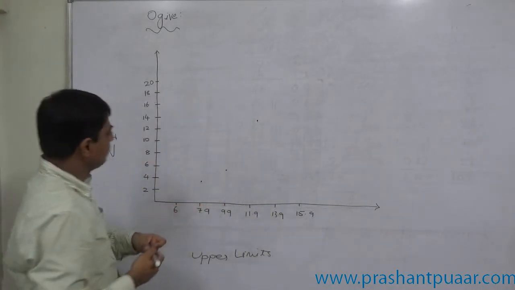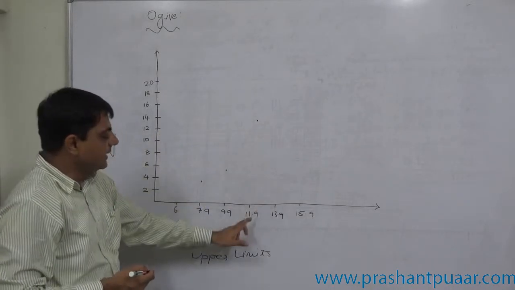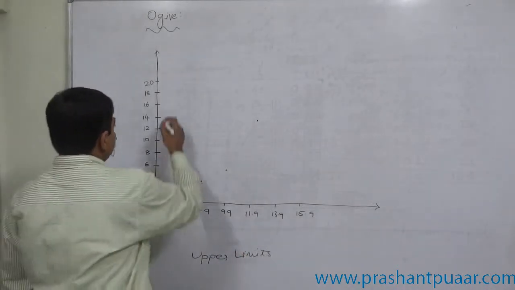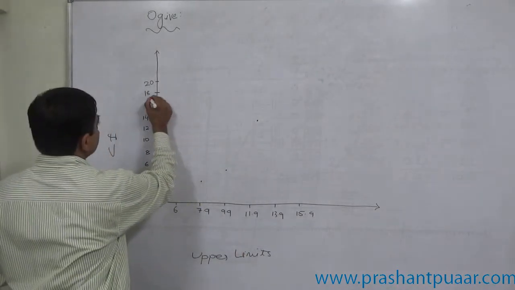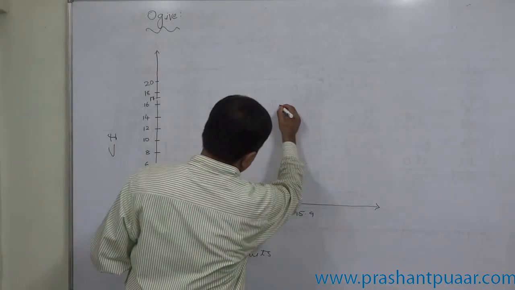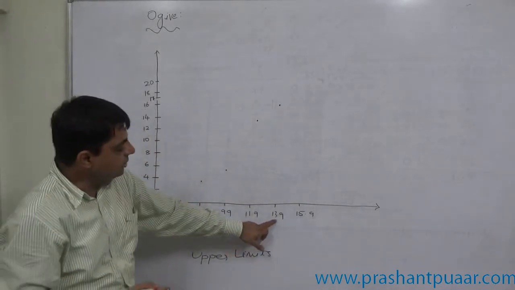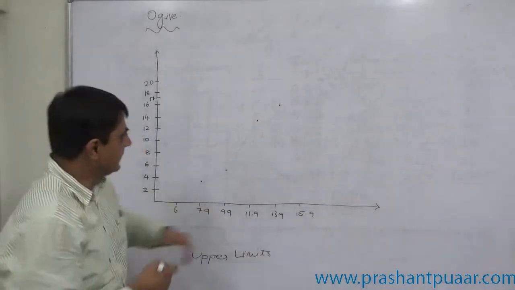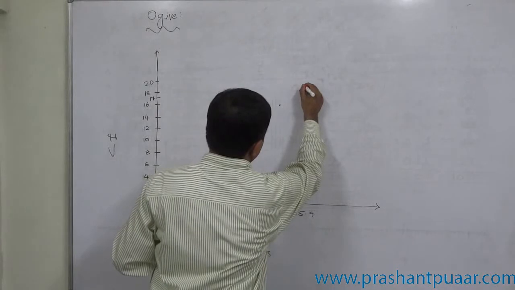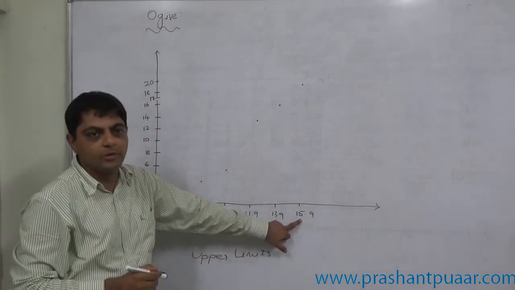The interpretation of these 14 is 14 data values out of 20 are less than or equal to 11.9. The next is 17. These 17 values are less than or equal to 13.9. And the last is 20. That means all the 20 values are less than or equal to 15.9.